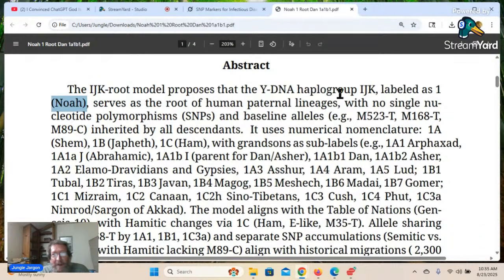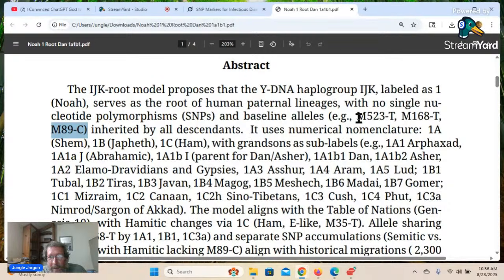So it turns out his oldest son shares this label here, this SNP marker with the Eurasians. And so this is the most original baseline and set of alleles. So these markers are reassigned here as we see here. Now, I don't know why it's labeled T and C, but that's the way that it's labeled.